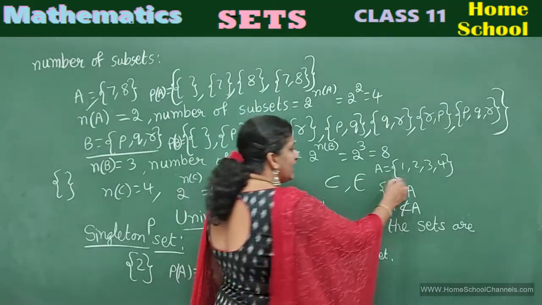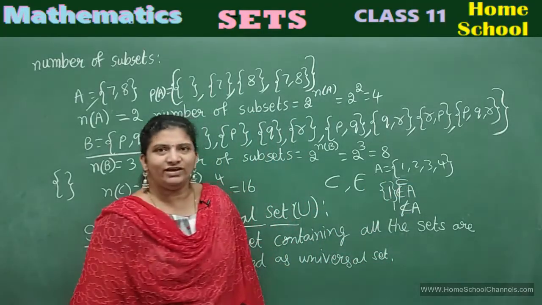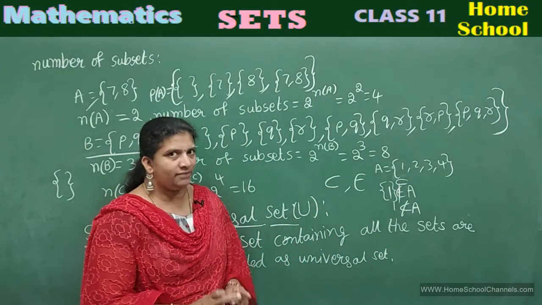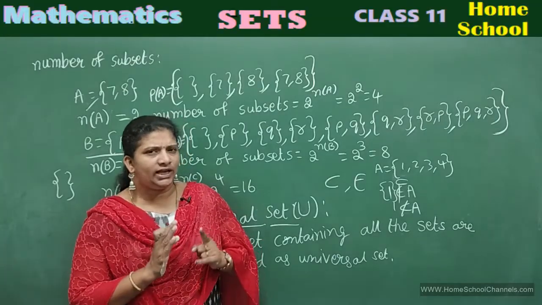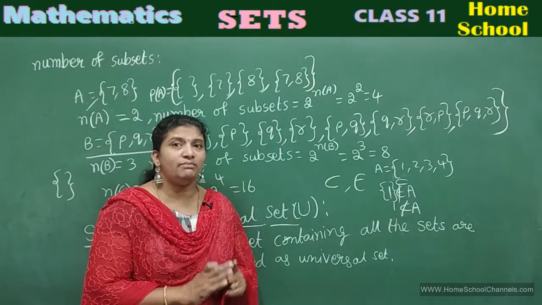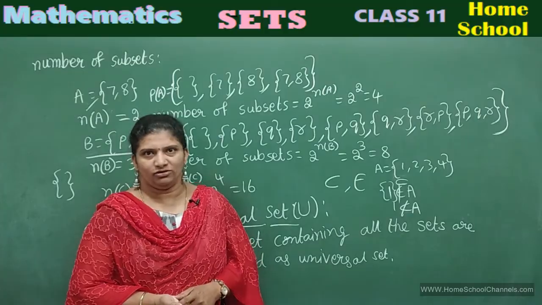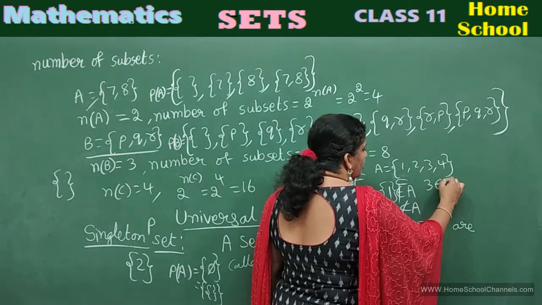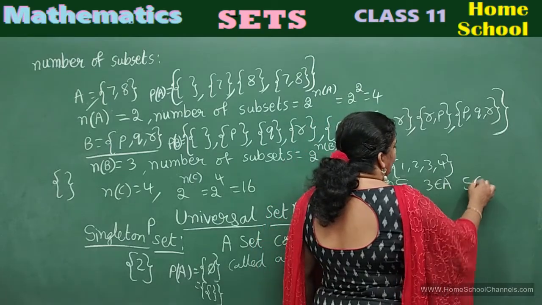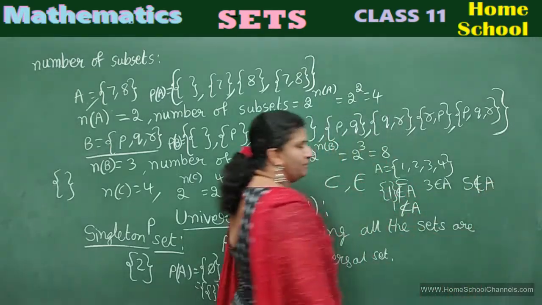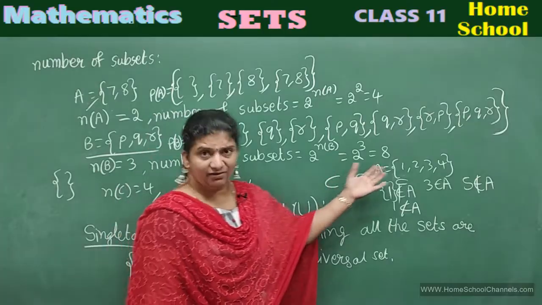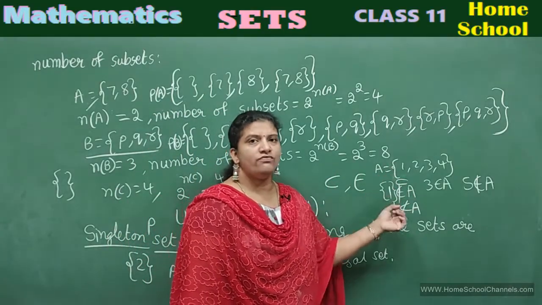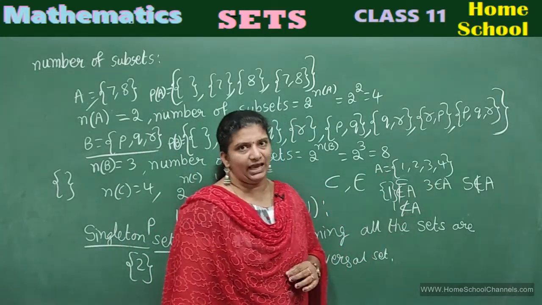At that time you should say subset of A. One more time, if you are taking only elements, you need to write belongs to or does not belong to. One more example: 3 belongs to A, 5 does not belong to A. Can you see 5 in this set? No. So 5 does not belong to A.